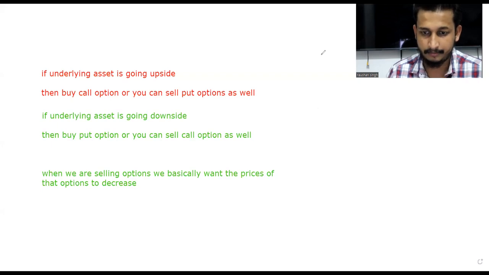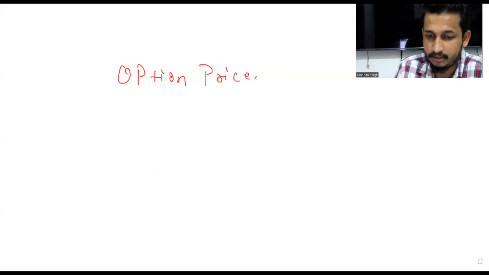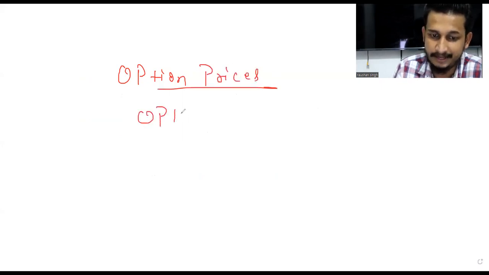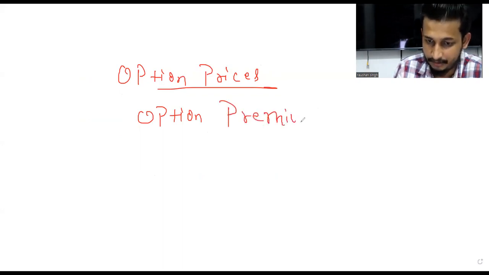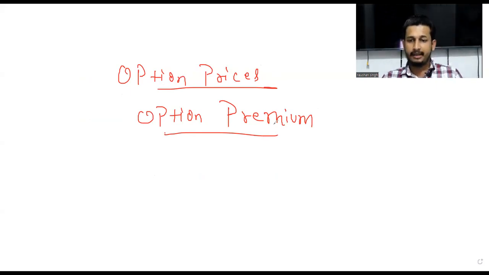Now, the prices of options, we also call them option premium. Why do we call this option premium and how are the options priced? Generally options are priced from like 10 rupees to like 10,000 rupees as well.